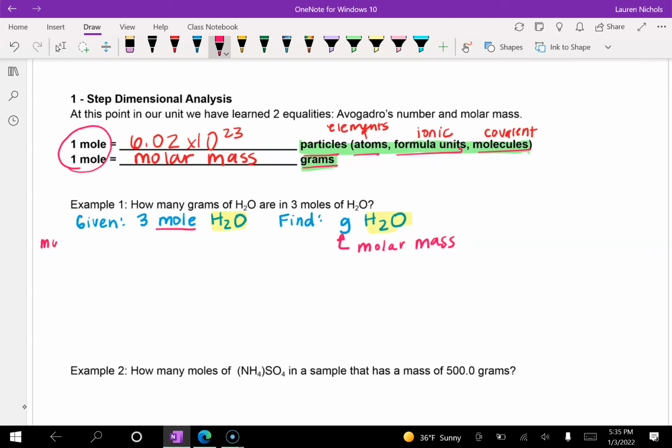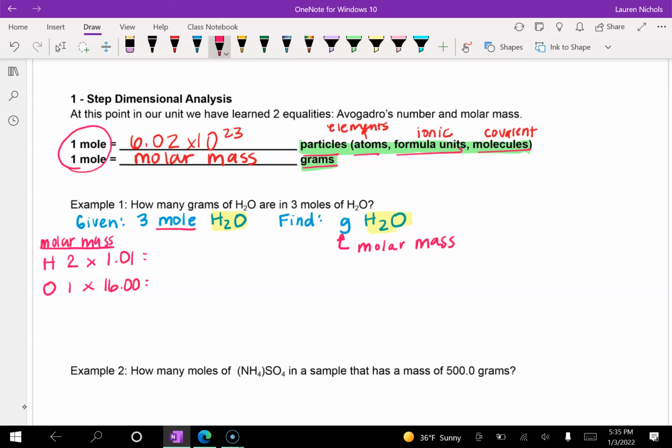Now, in order to find the molar mass of water, we're going to need to use our periodic table. So we know that in water, we have hydrogen and we have oxygen. There are 2 hydrogens and 1 oxygen indicated by their subscripts. And we pull the mass of each element from the periodic table. So hydrogen has a mass of 1.01 and oxygen has a mass of 16.